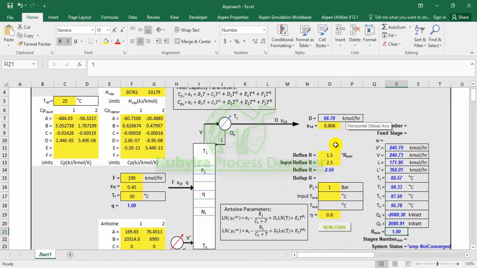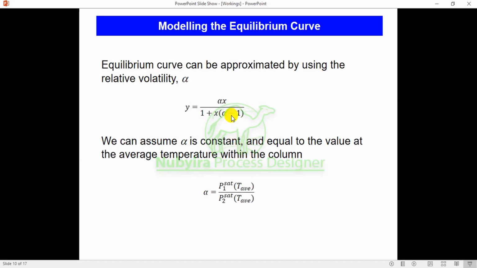To do the equilibrium curve, we are making use of the term that we call relative volatility, and relative volatility is the ratio of the saturated vapor pressure of the light component divided by the heavy component, and it's used to relate the equilibrium composition of the light component with respect to the heavy component.